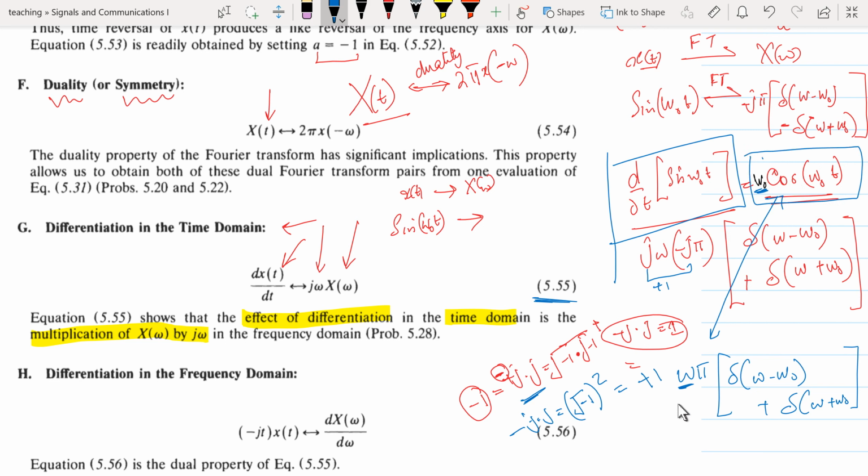So if you look at the details for the definition of the cos of omega naught t, it will definitely give you this, and now our omega naught agrees with this omega.